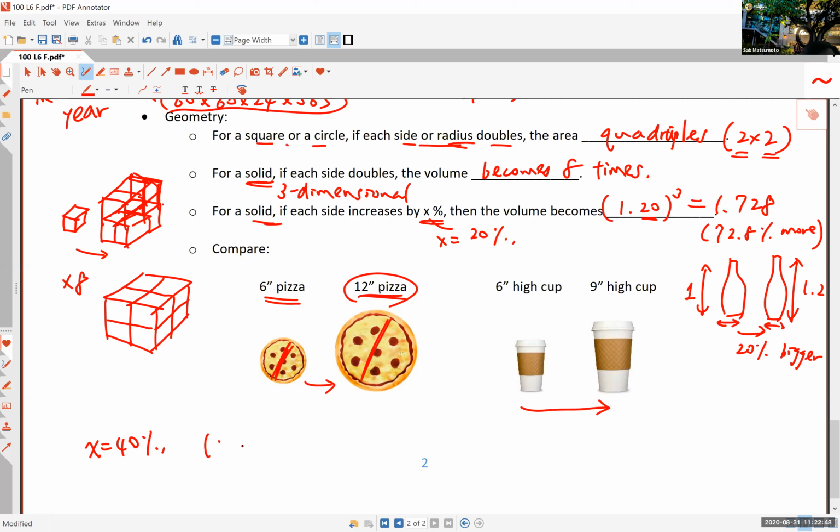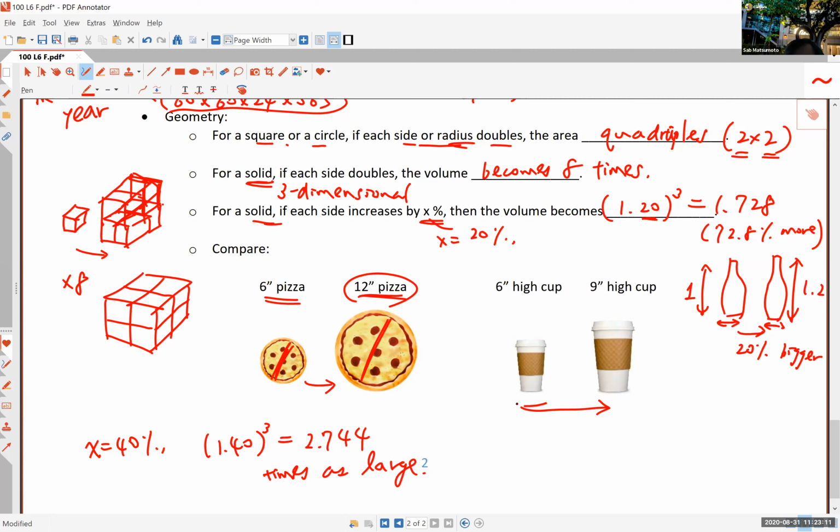Then 1.40 cubed, which is multiplying that by itself 3 times, gives you 2.744 times as large. So here's an example.